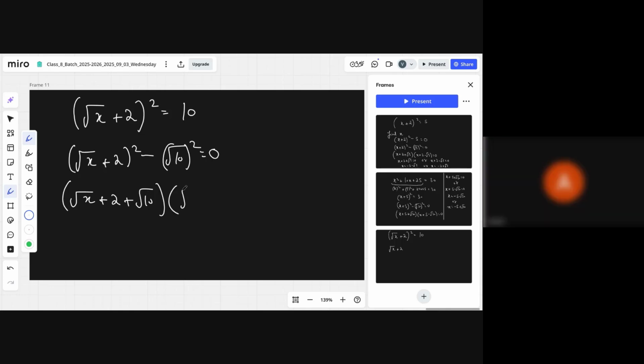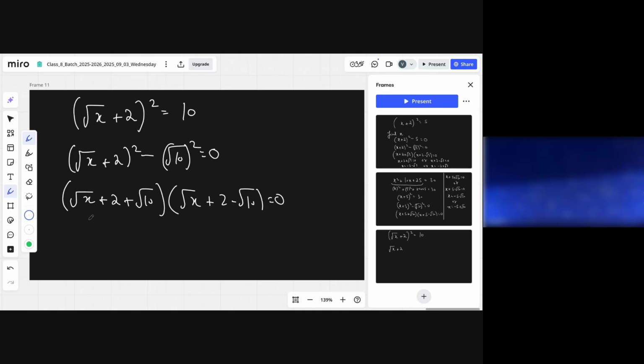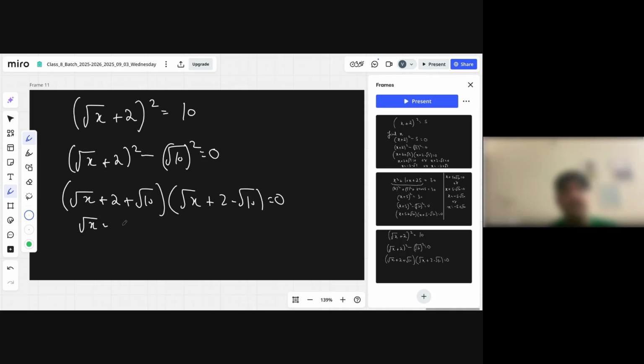Sir, I sent it. This gives you root x is equal to -2 minus root 10. And this gives you, yes or no?